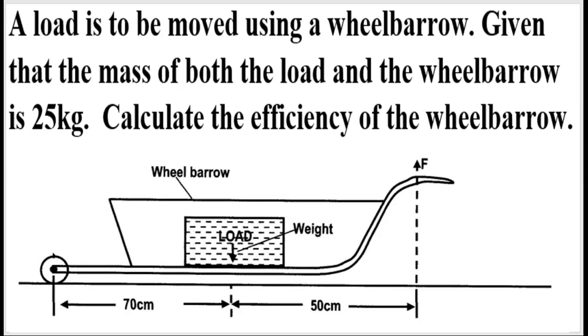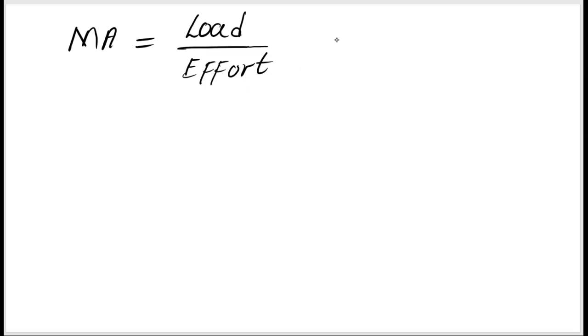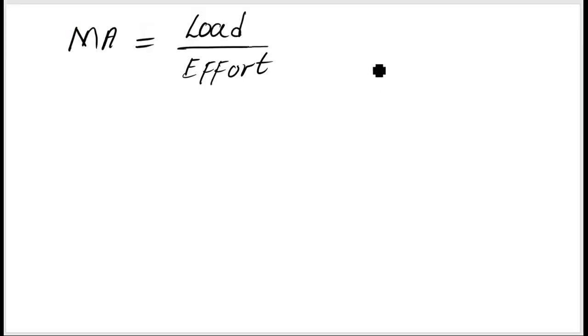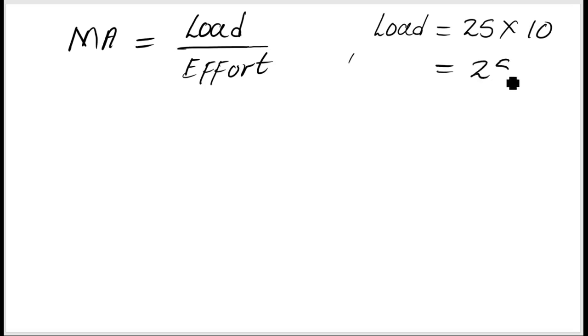Okay, so load will be calculated using, so load is equal to the mass of the wheelbarrow and the load, which is 25 kg times 10 newtons per kg, which is going to give us 250 newtons.